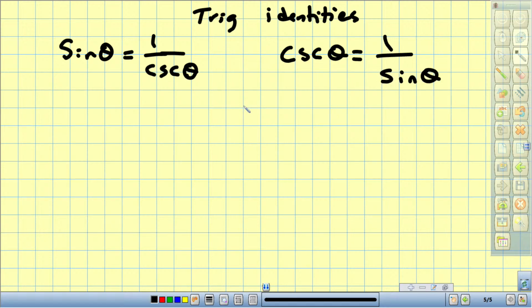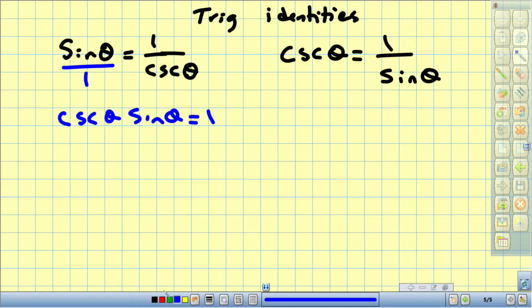Oh wow, how is that done? Well, you could just put this one as 1 and cross multiply. You don't have to do it, I'm just showing you why. Cosecant theta times sine theta equals 1.